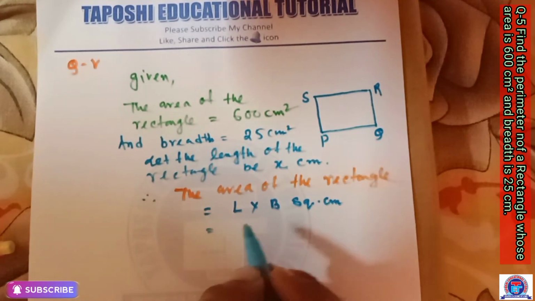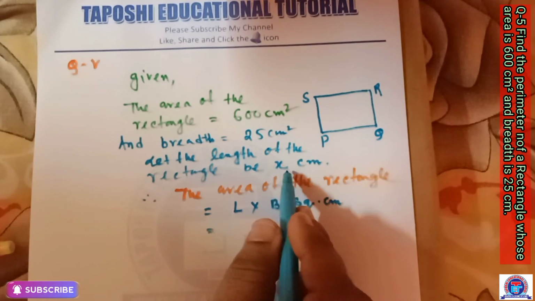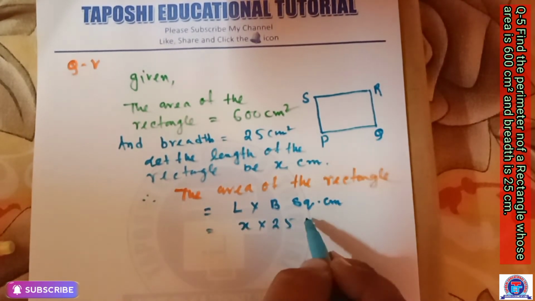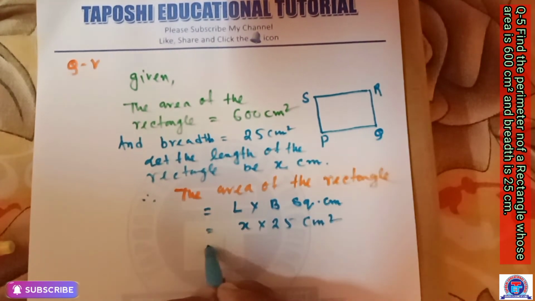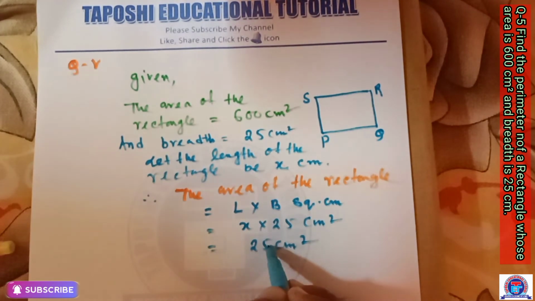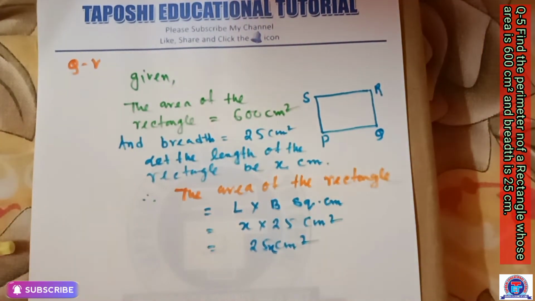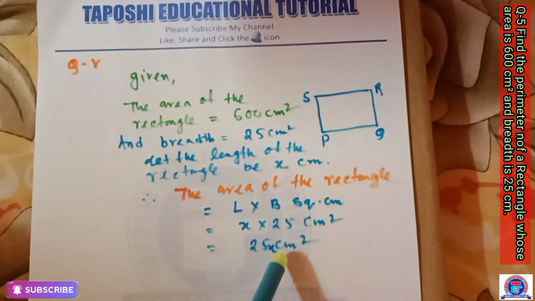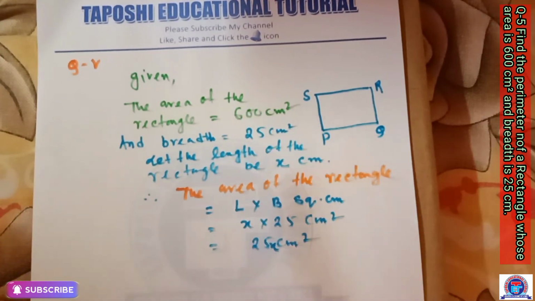Here length, that is we taken x, and breadth is 25 centimeter. That means 25x centimeter square. Correct. Now we compare both, that is the area of the rectangle, 25x centimeter square, and this one, right?